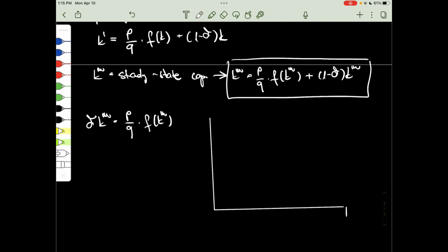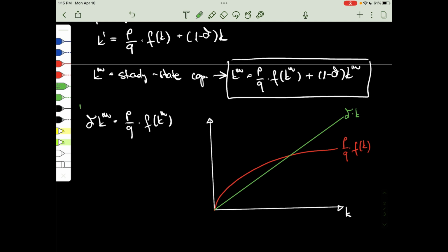This is K. So this is the production function with the constant prices as a parameter. And this is the linear function of the amortization, of the depreciation of the capital stock.